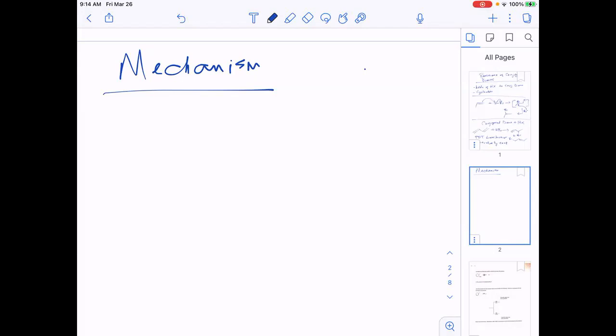We studied the mechanism indeed. But for this particular reaction, let me do it with the alkene, because one of the things about the reaction is that both alkenes are equally susceptible, or equally reactive.